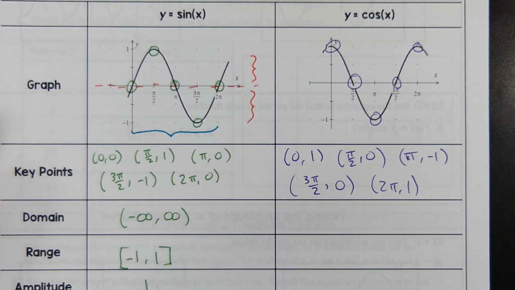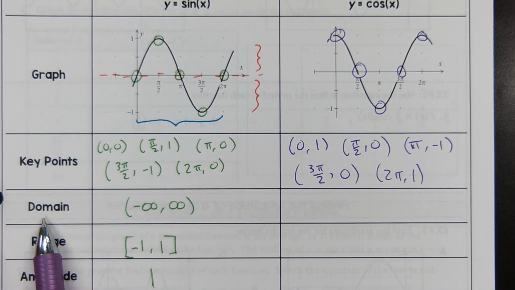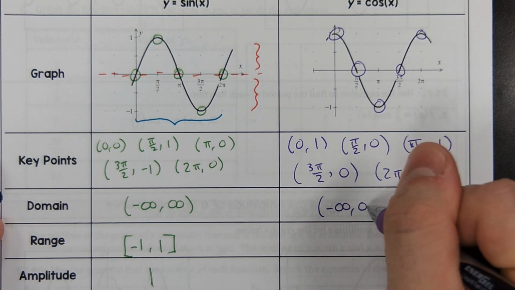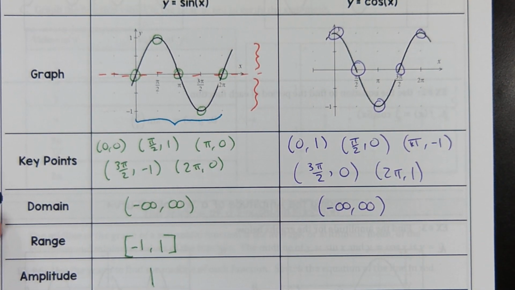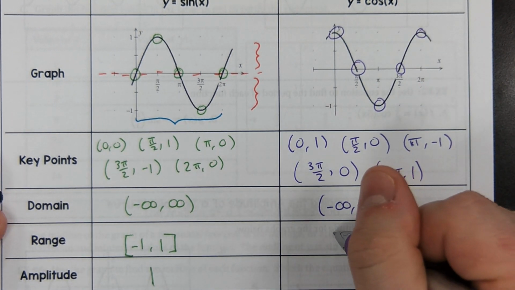Okay, domain. Just like sine, since the bottom of the fraction is the radius, and the radius is always going to be not 0, you're never going to get a 0 on the bottom, so you are always defined. Just like sine, the range you could see from this picture, negative 1 to positive 1.